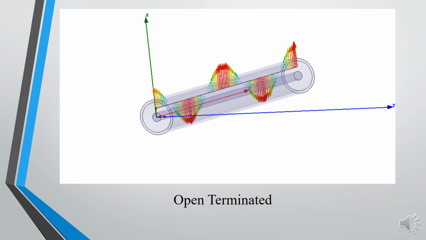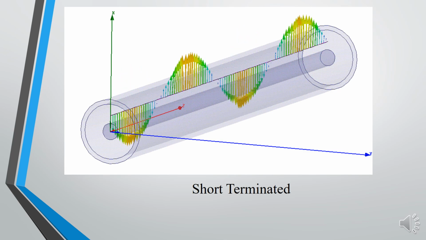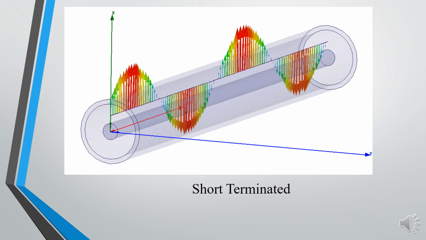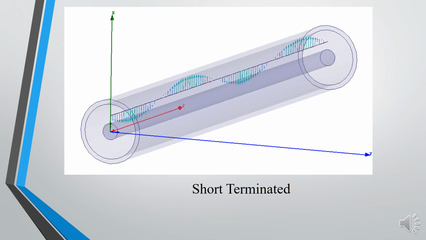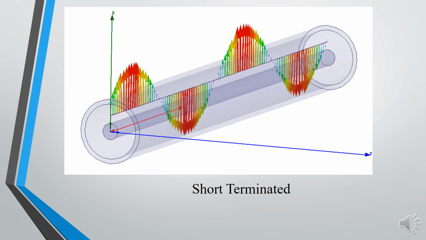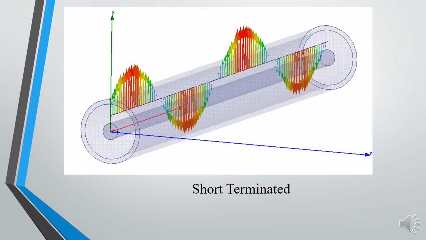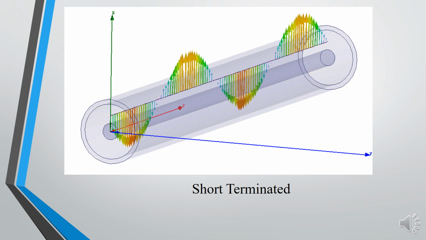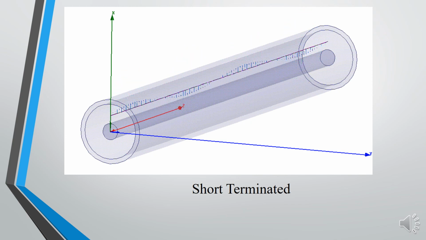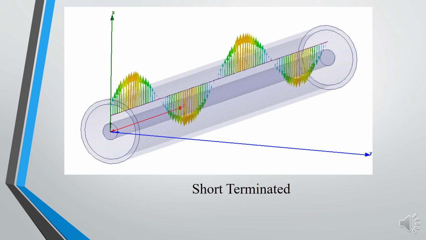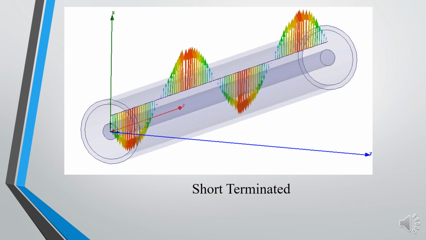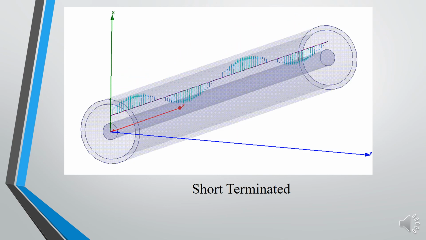So move to the next case, short terminated. In the short terminated case, ZL equals 0, so the current will ideally be infinite, or very large, so the voltage will be very small, ideally 0. Here you can see that the voltage at the load end, that means at Z equals L, is almost 0, and here also the wave does not propagate along the positive Z direction.